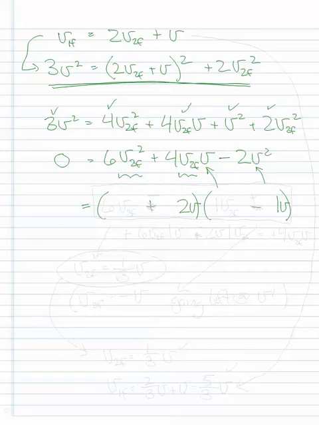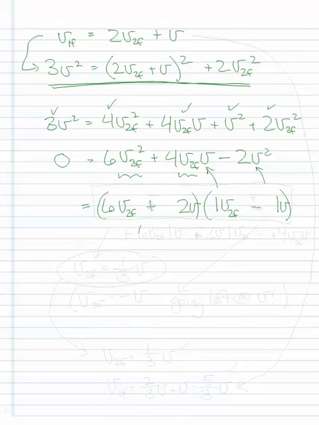So for the first term, let's try a 6v2f and a 1v2f. I'll just check my work here. The first term is 6v2f squared, and the last term is minus 2v squared. That part I know was going to be right. But now let's check to see if the inners and outers work out.